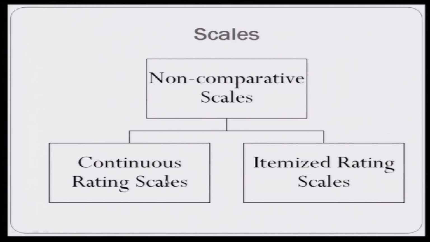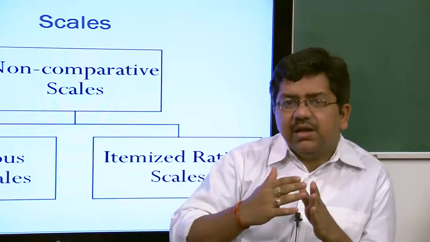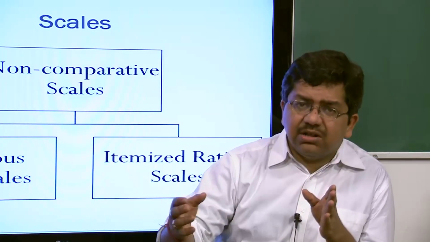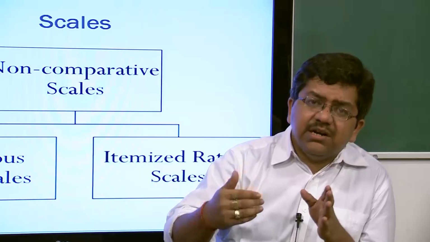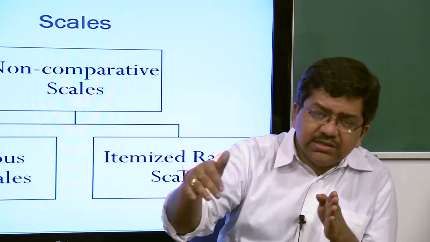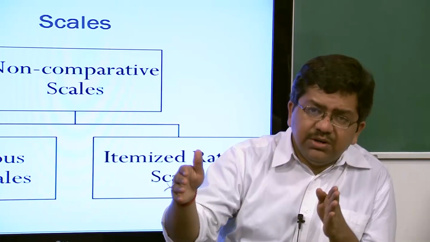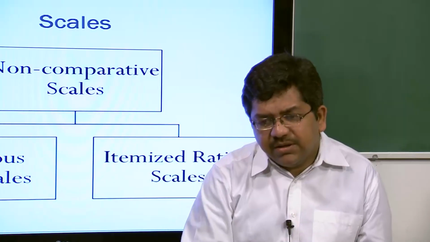In the continuous scale, as I was showing, you have a continuum from a lower point to a higher point, and the respondent or the object being measured is placed on a particular point between 2 different extremes of this scale.